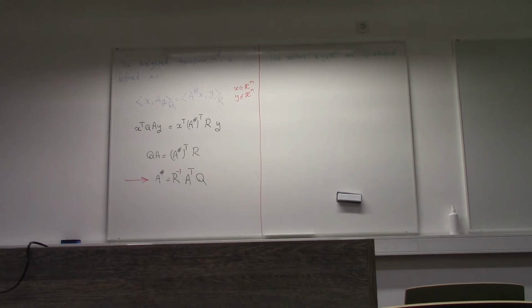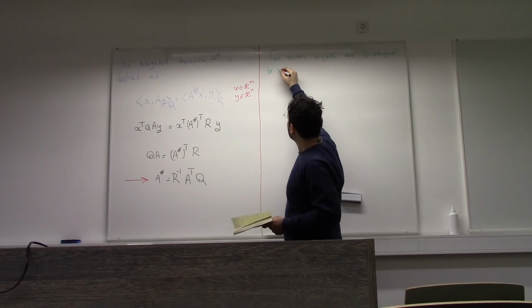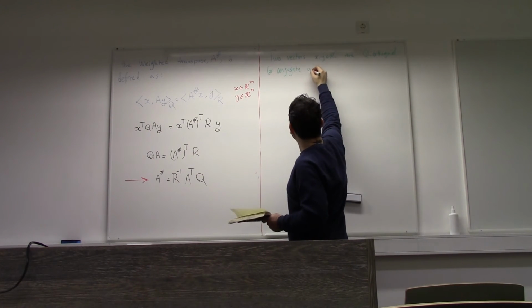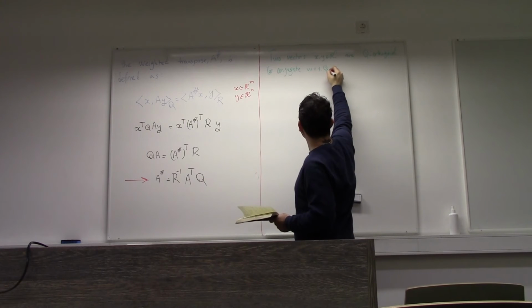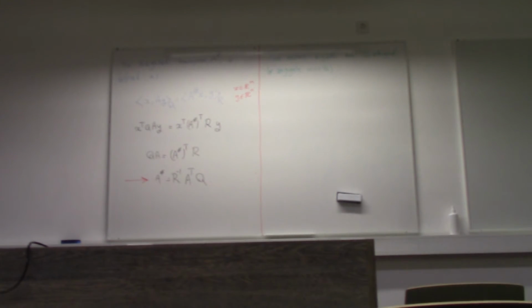What do you think Q orthogonal should be for X and Y? Q orthogonal means conjugate with respect to Q. X and Y are conjugate with respect to Q. In general, X and Y are orthogonal, as Lars said, if the inner product is 0.